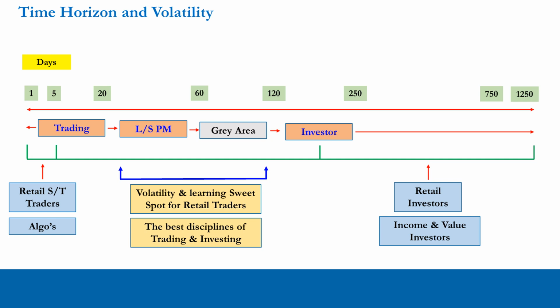Across the top, we start on the left-hand side with 1 day, 5 days, 20 days, 60 days, and then go all the way out to 120 days, 250 days, which is one financial year for trading because there are 250 trading days in a year, 750 trading days, 3 years, and 1,250 trading days, 5 years. So we're looking at trading days in terms of time horizon.